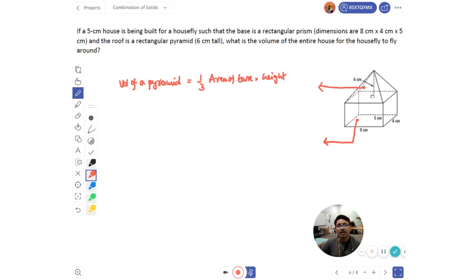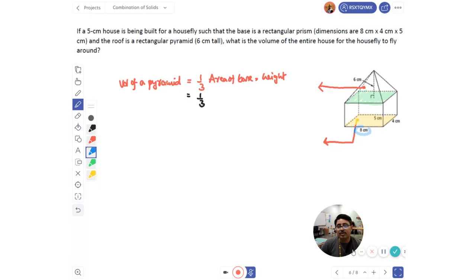Okay, so 1/3. What is the area of the base? I see that this is the base. The dimensions are not given here, but I know that the bottom one, which is highlighted in yellow color, has the dimensions given.